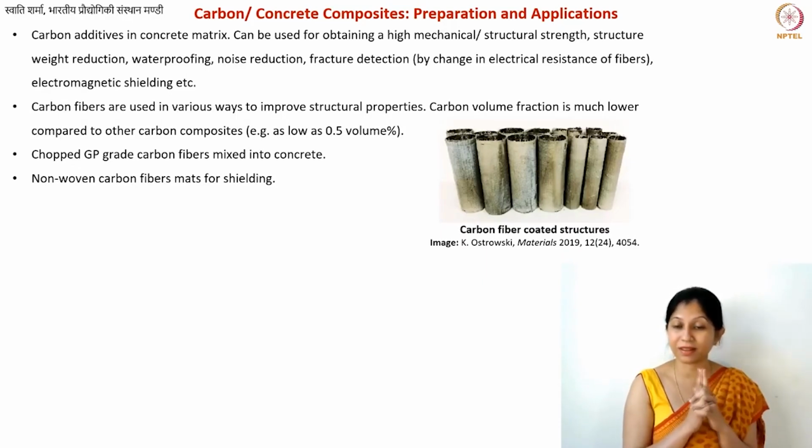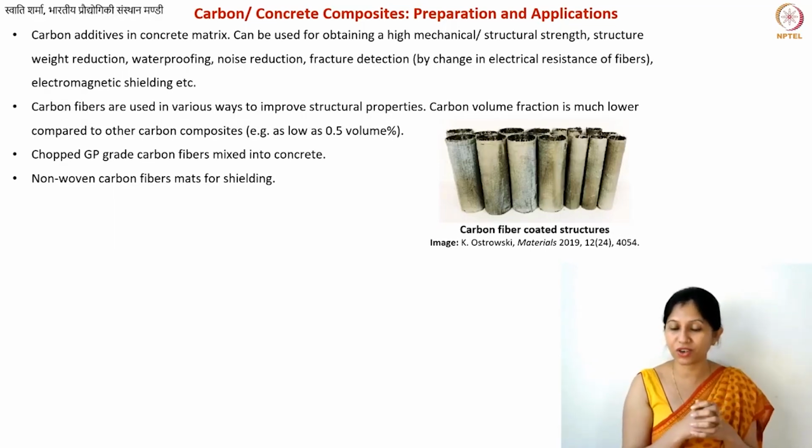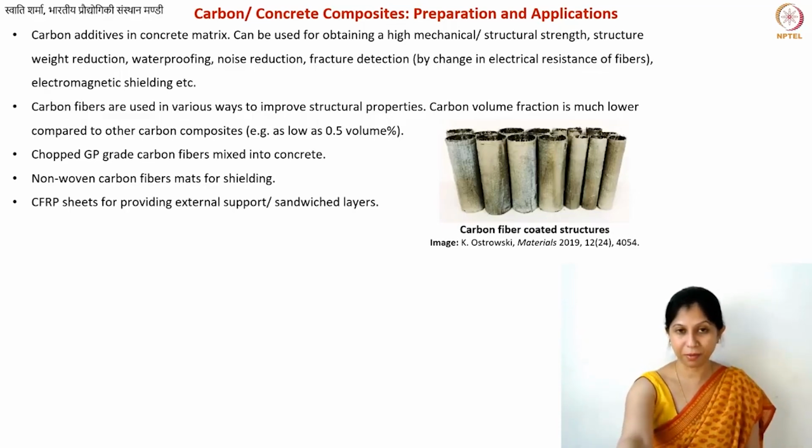There are fewer applications where you use non-woven carbon fiber mats. For mechanical strength, weaving is important because we have these perpendicular woven structures that distribute the stresses very well. But for electrical shielding, what works better is the non-woven carbon fiber mat.